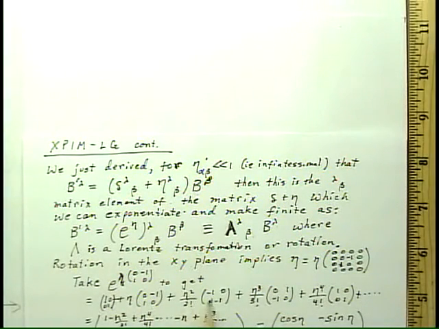Then eta squared over 2 factorial, eta cubed over 3 factorial, eta to the 4th over 4 factorial, and so forth, to the various higher and higher powers of this matrix. Well, what is the square of this matrix? Obviously, this times this gives us a minus 1, 0, 0, minus 1. That's because this times this gives us a minus 1, this times this gives us 0, this times this gives us 0, and this times this gives us minus 1.